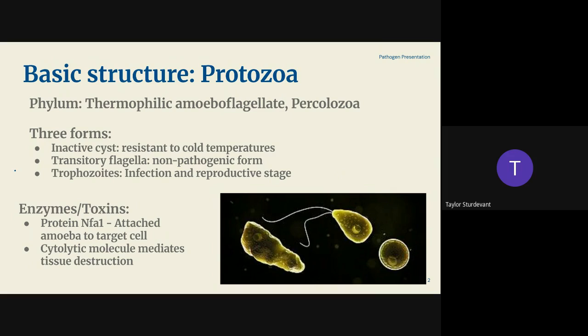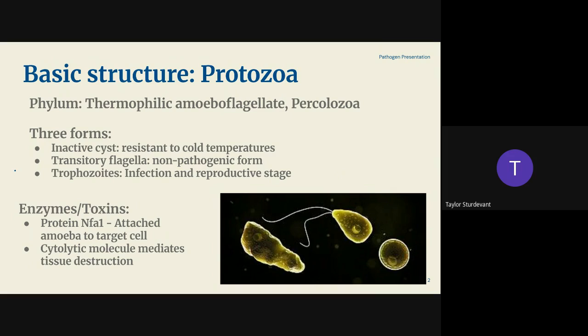And in the transitionary flagella, this is also a non-pathogenic form. You can see at the middle of the photo, this form has two flagella and is able to move around, not as resistant to cold temperatures, and again, non-pathogenic form.